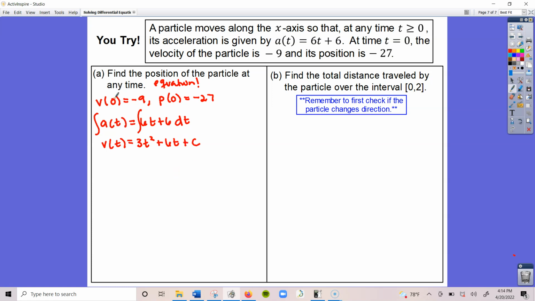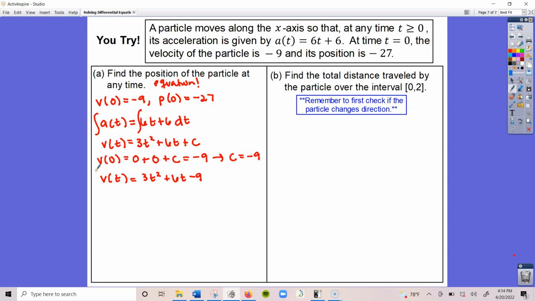If I plug in 0, my initial condition for velocity, I get v of 0 is equal to 0, plus 6 times 0, 0, plus c is going to equal negative 9. So here we see that c is negative 9. So my particular solution for velocity is 3t squared plus 6t minus 9.